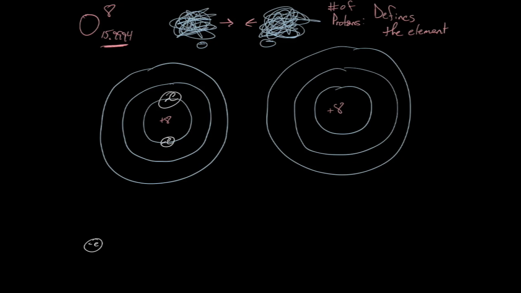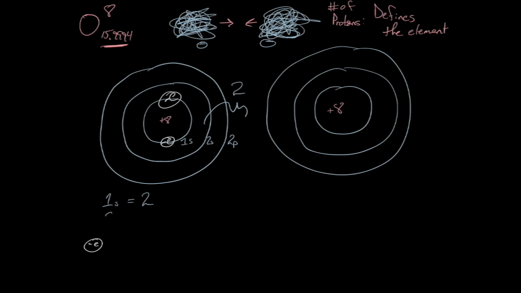This is energy level 1, and it only has one orbital, one shape, and that's the s. 1s can only hold 2 electrons. The next energy level actually has 2 different orbitals. This is energy level 2, and energy level 2 has a 2s and a 2p.